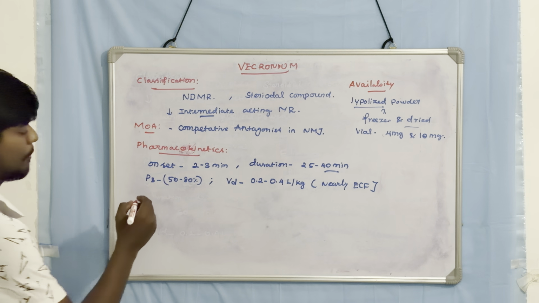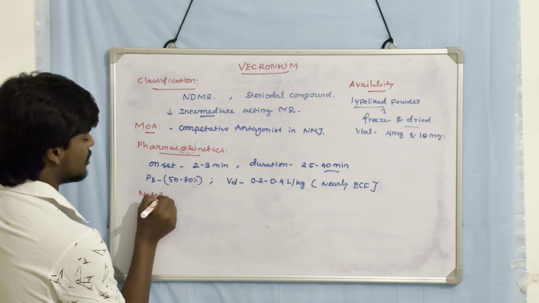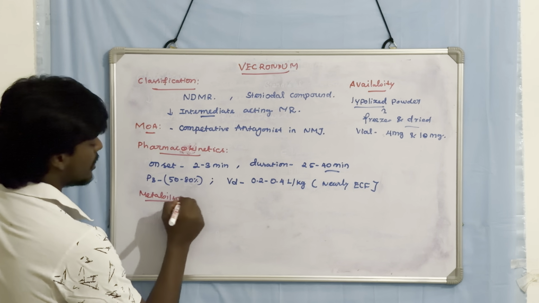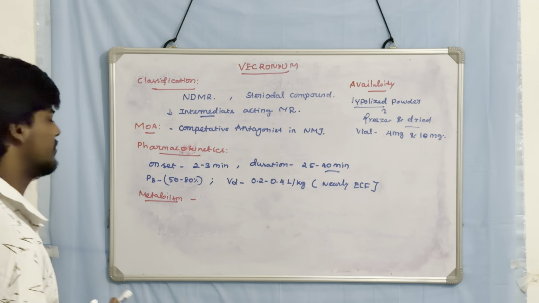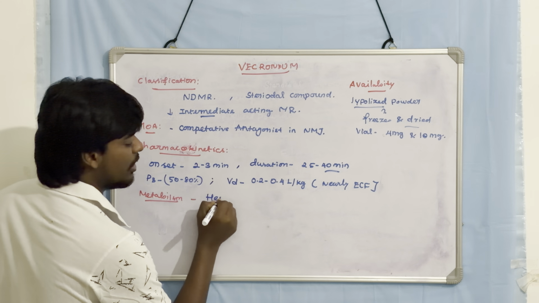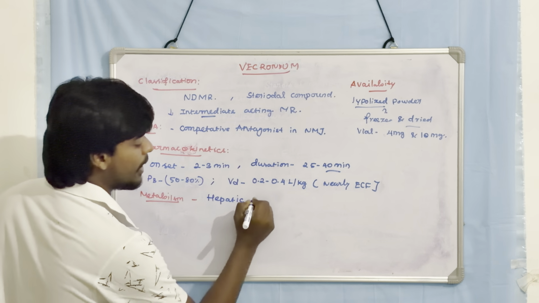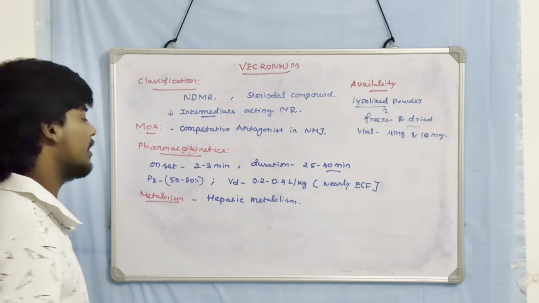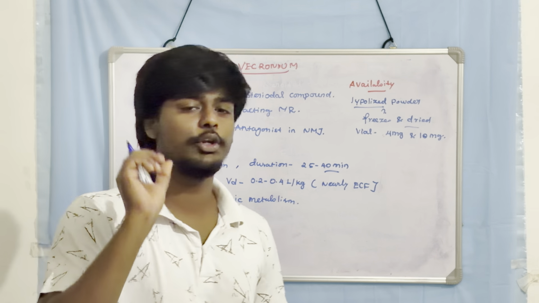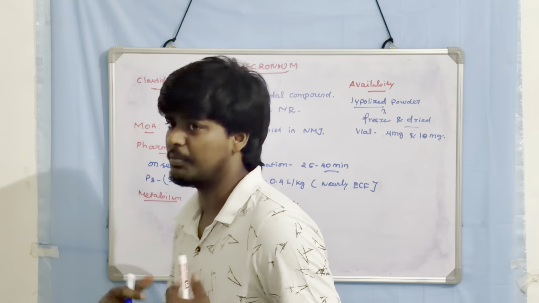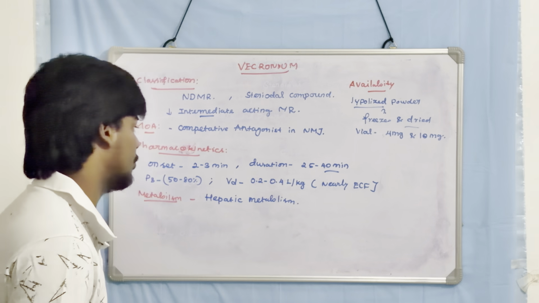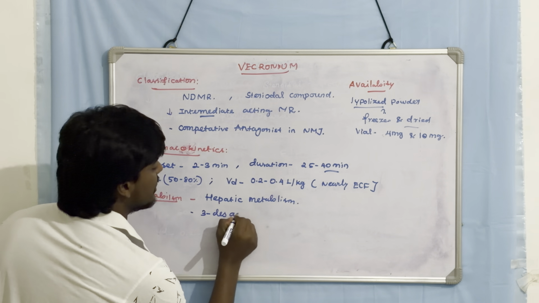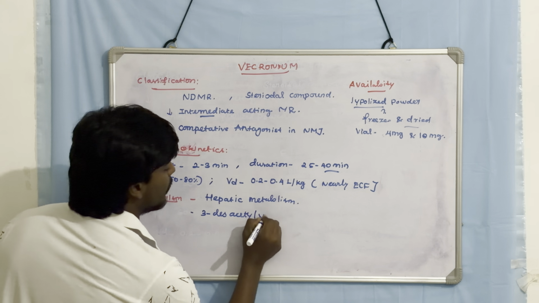Then we discuss the metabolism. Metabolism also comes under pharmacokinetics. It is mainly metabolized in the liver, like all types of drugs. Hepatic metabolism. It has an active metabolite called 3-desacetyl Vecuronium.